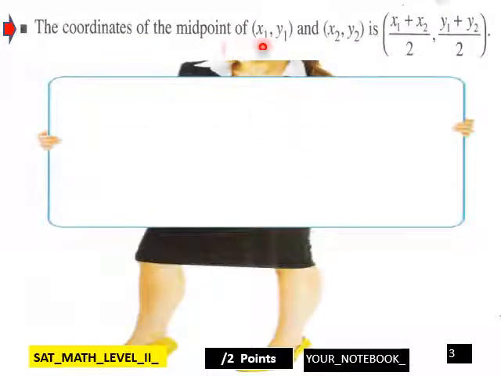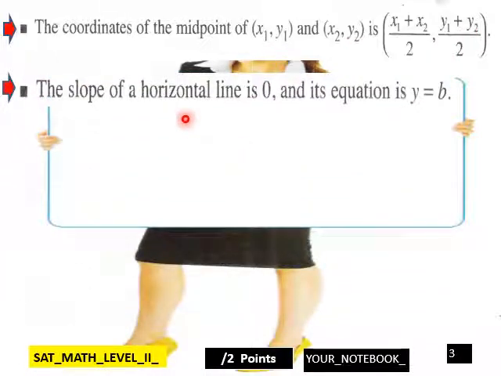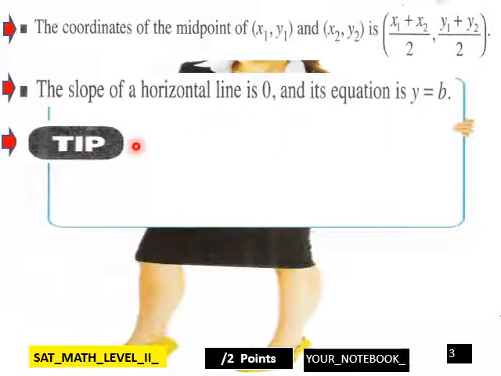The coordinates of the midpoint of (x1, y1) and (x2, y2) would be (x1 plus x2) over 2, and then (y1 plus y2) over 2. So that would be the coordinates of the midpoint. The slope of a horizontal line is 0, and its equation is y equals b.